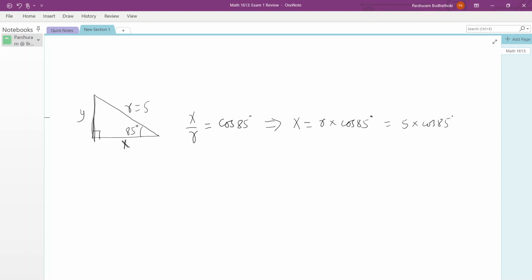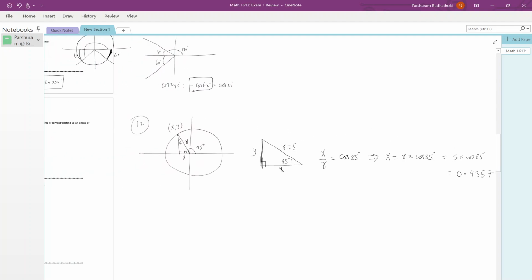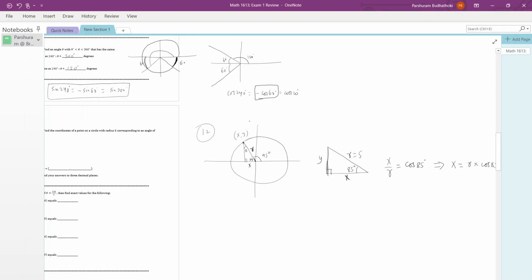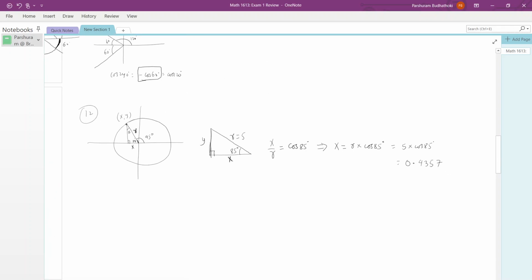That is my x coordinate, but remember we have to make it negative. If I use this, it gives me 0.4357, but that's just this length. We have to make it negative because it's going on the left side, so the x coordinate would be the negative of this value.